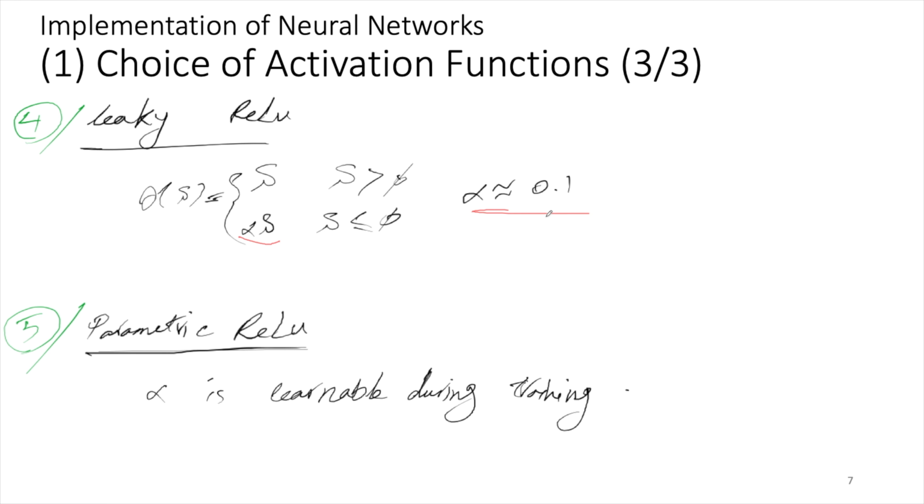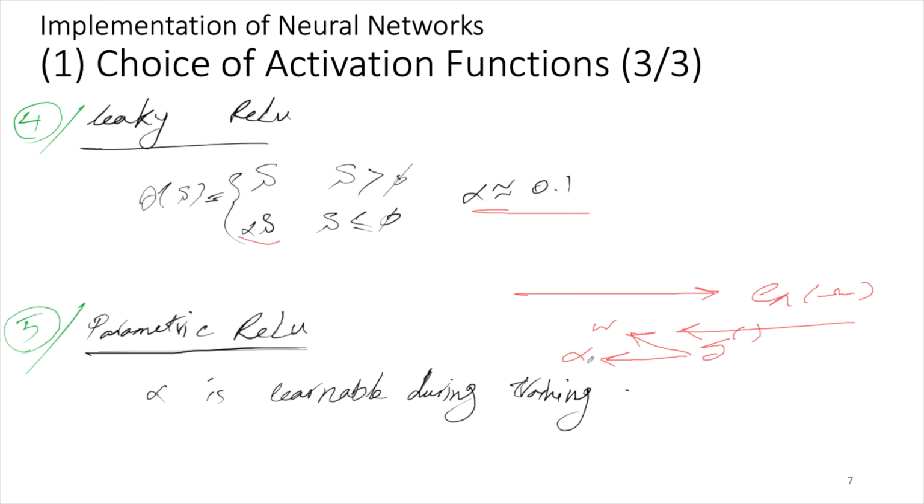So as you learn, when you do the forward pass and you get the En of W's, and when you do the backward pass to compute all those deltas, not only do you use the delta to compute the W's, but you can use the deltas to adjust the alpha as well.